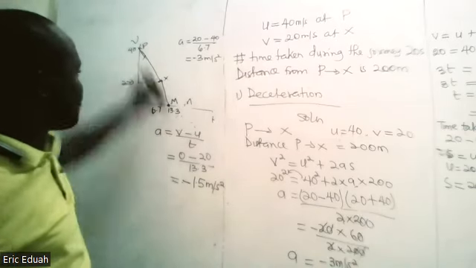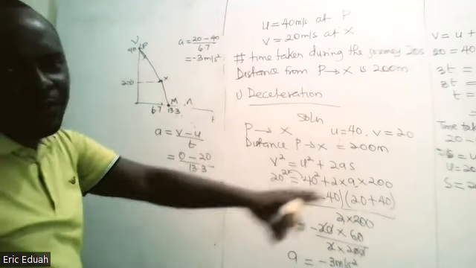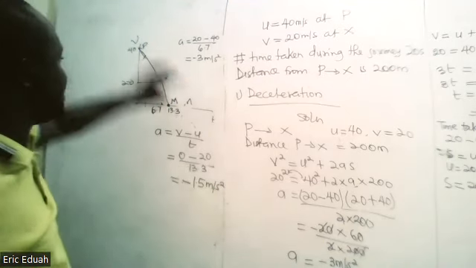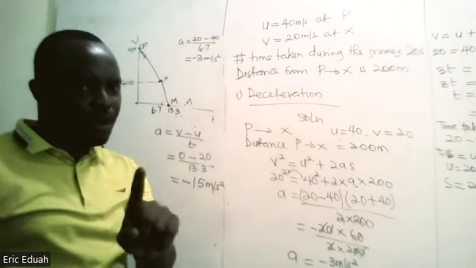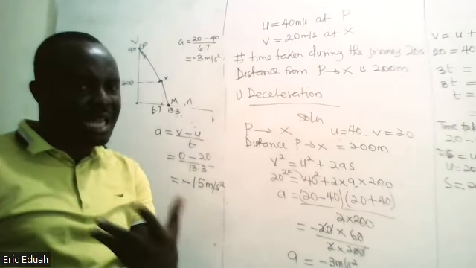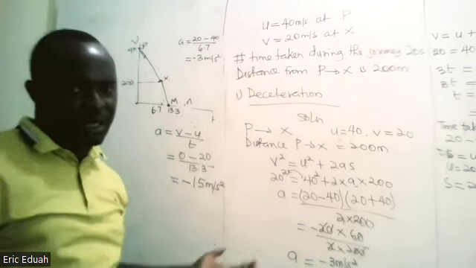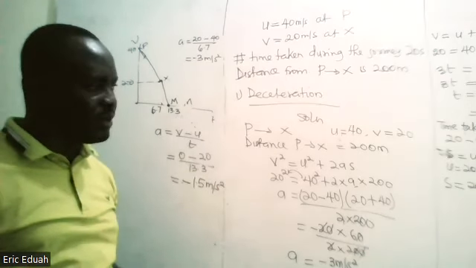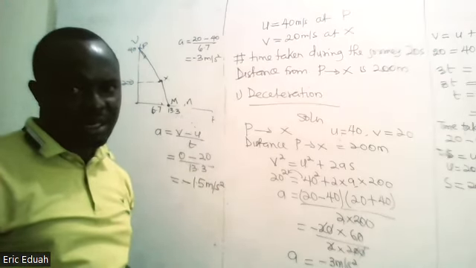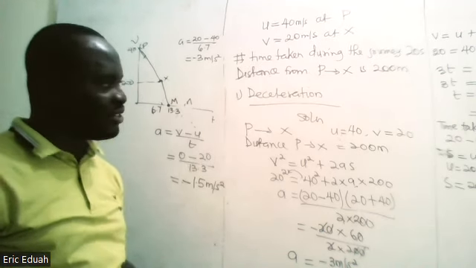If you use the uniform decelerated motion of 3 meters per second squared, what you have using the equation will be different from when you use the graph. I don't know if some of you have given that a try, using the graph and then the equations of motion to solve the same question. When you do it, that is the result.